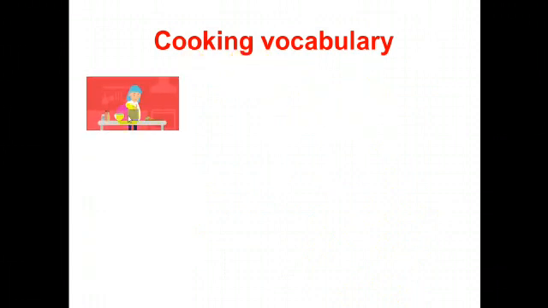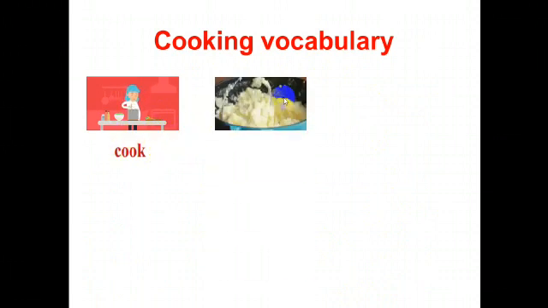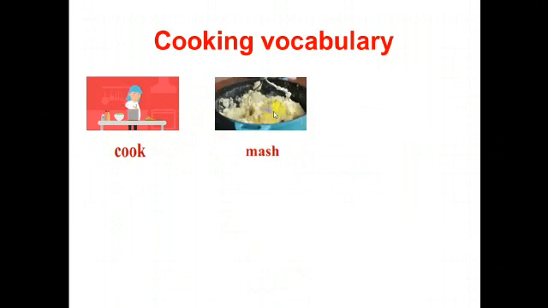Before reading the text, let's read cooking vocabulary. Look at the picture. What is she doing? She's cooking. Cook. It's a verb. What is she doing? Mash. Okay, she's mashing.